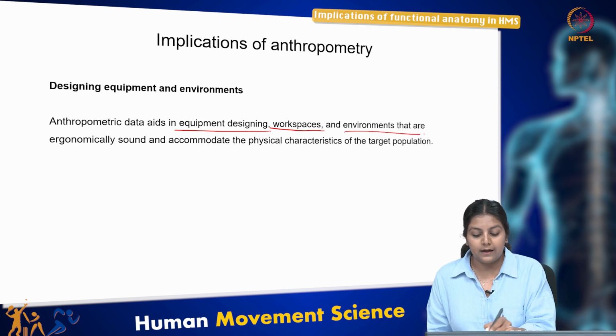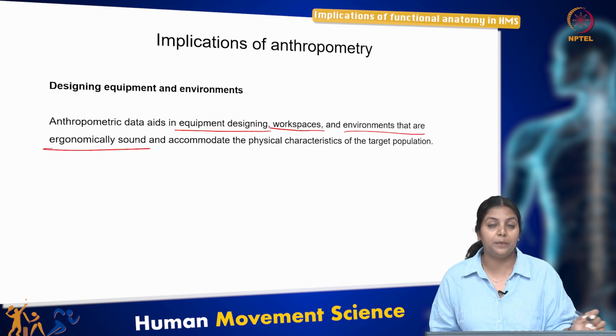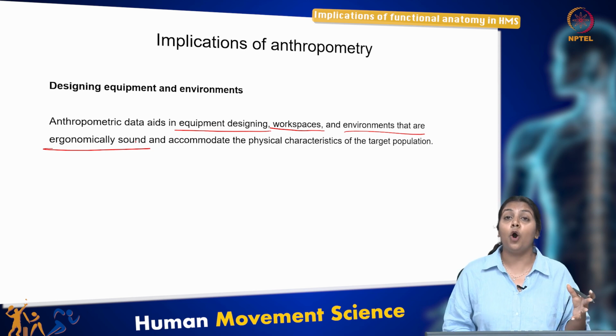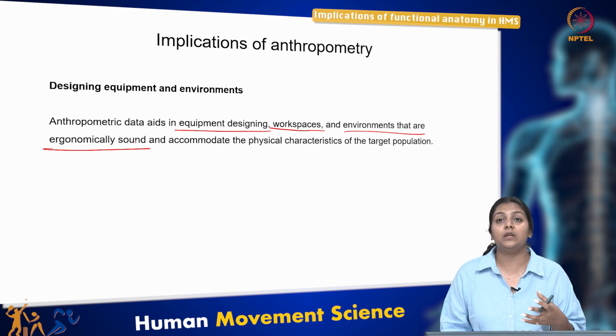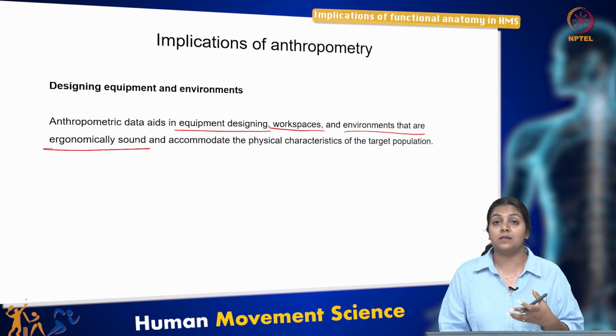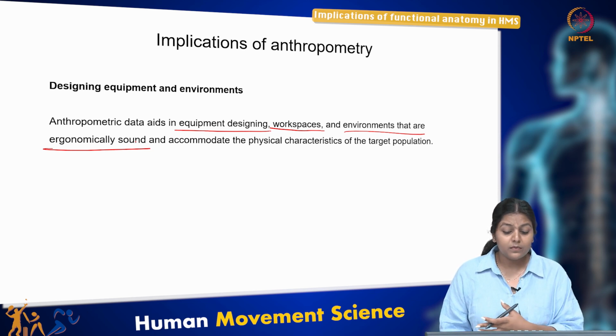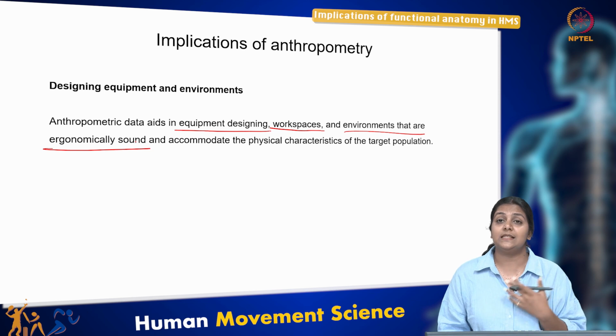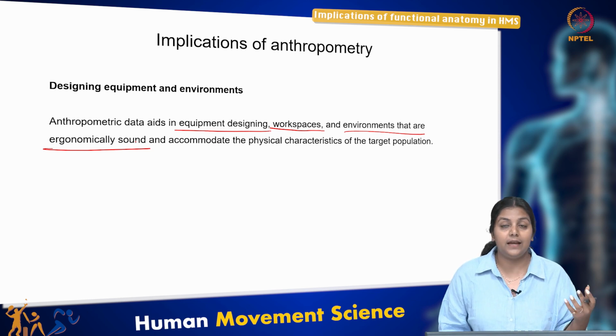Also environments that are ergonomically sound accommodate the physical characteristics of the targeted population. So you must have heard, if you're driving a vehicle for a long time, you also have lumbar support pillows. All those accessories are designed taking anthropometric data into consideration.